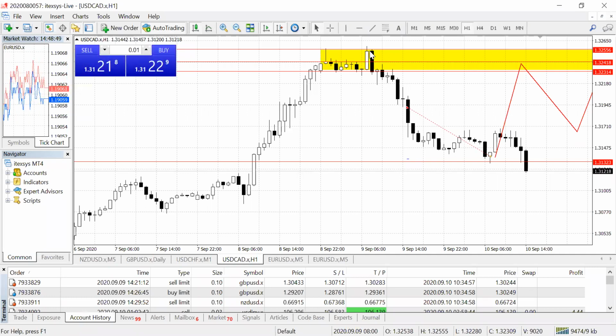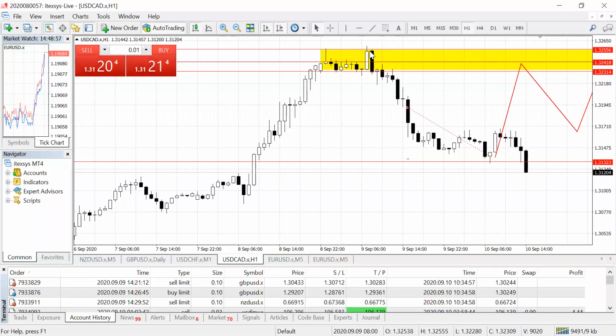We tend to say you might find resistance points inside a supply area and support points inside a demand area, and once supply or demand areas are tested many times, they become resistance and support, and they're no longer supply and demand areas. I hope it's clear.